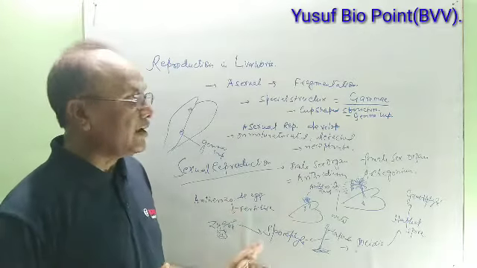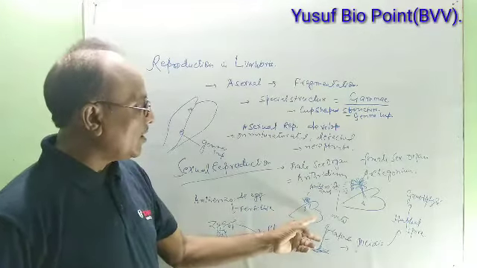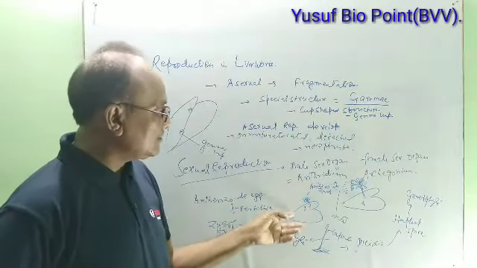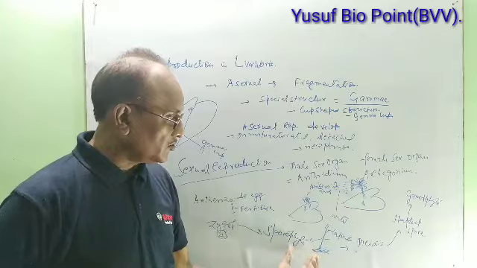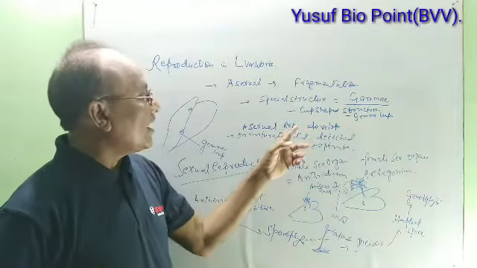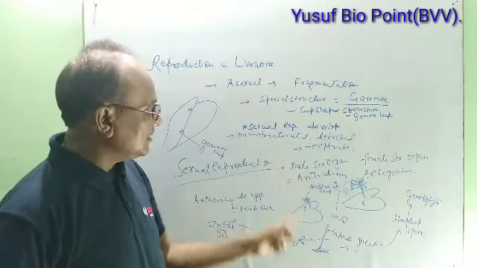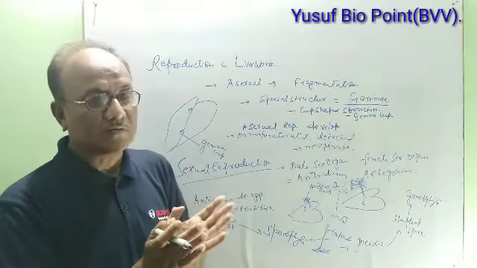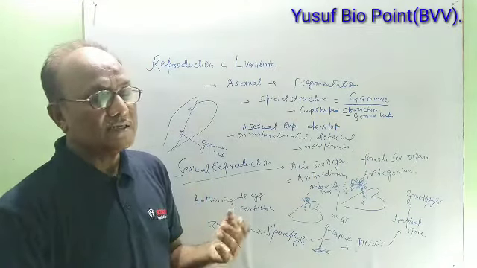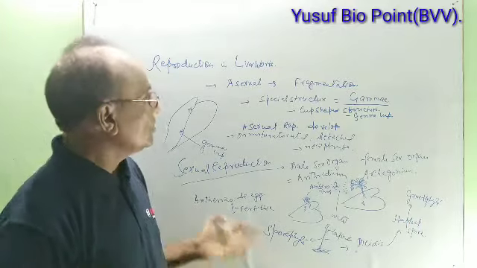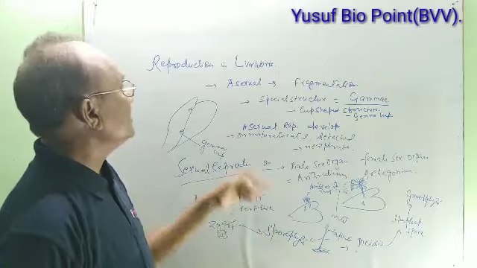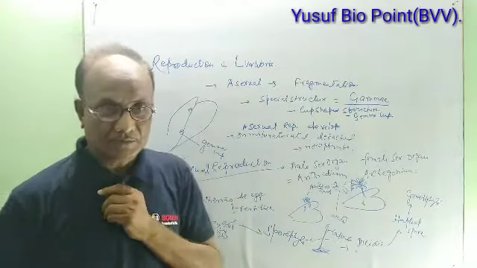So in this way we see that, although the haploid stage is maximum and the diploid stage is shorter, it goes haploid stage, then diploid stage, then again haploid stage. That is alternation of generations, where one stage comes after another. So this is the sexual reproduction in the liverworts.